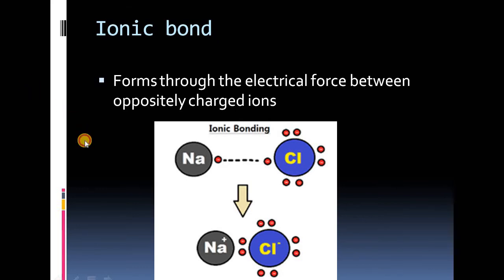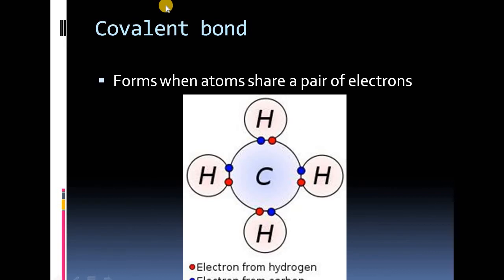Let's move from this slide. We have the covalent bond. Here, both atoms, in this case the carbon and the hydrogen, don't want to lose their electrons. They would like to share them.